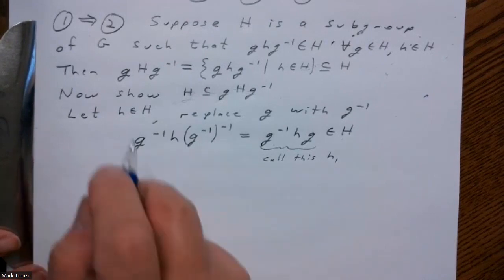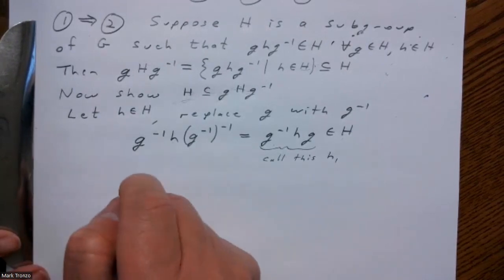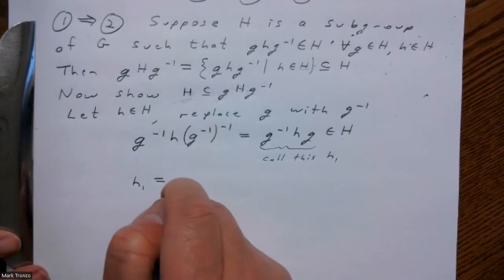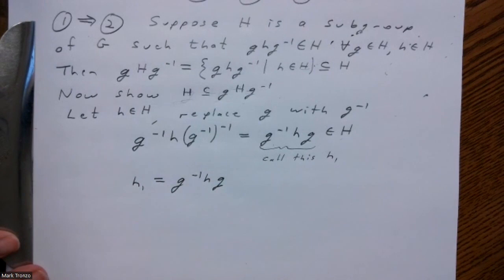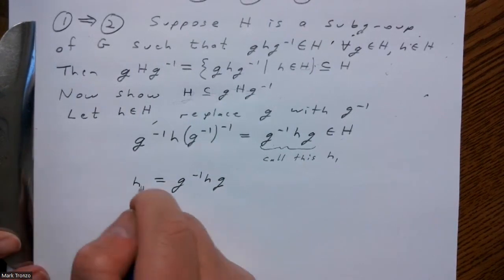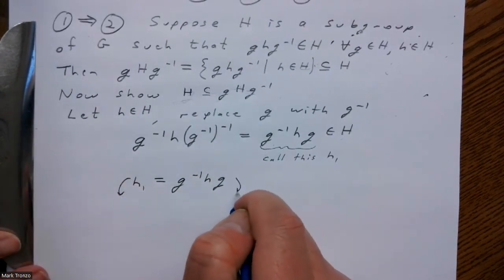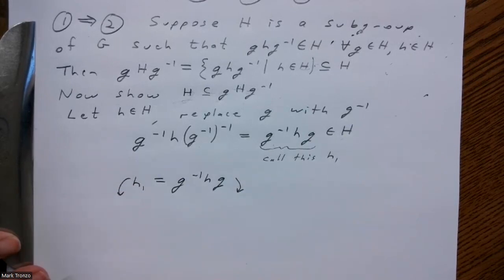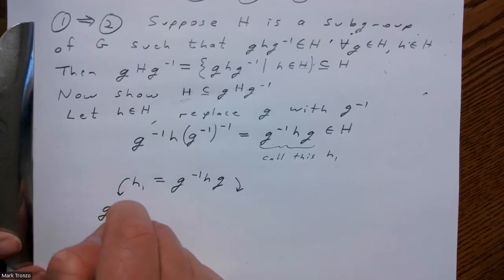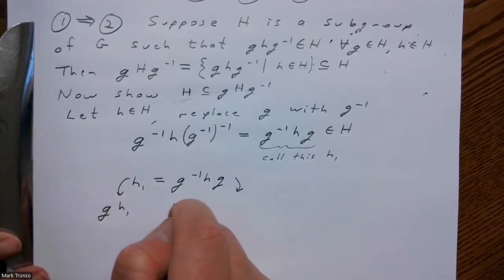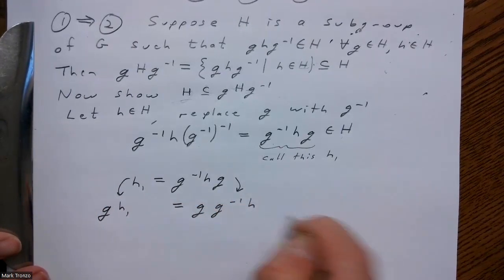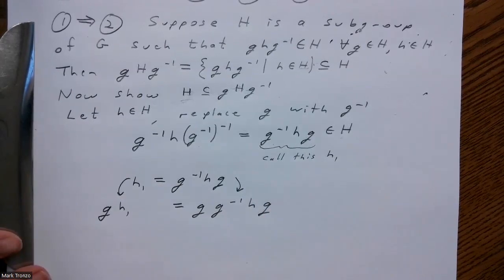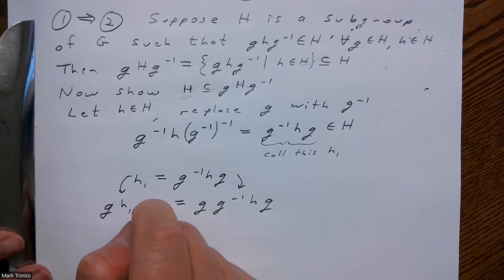So what we have here is that h1 is equal to g inverse hg, like this. And then let's multiply on both sides. Let's multiply on the left by g. And let's multiply on the right by g inverse.